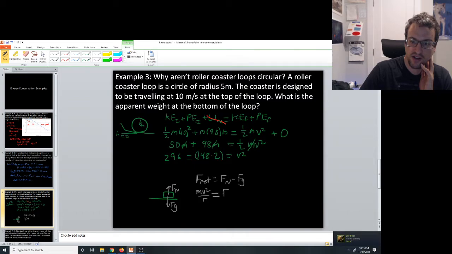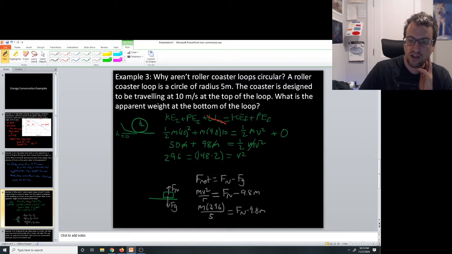So m times 296 over 5 equals Fn minus 9.8 times the mass.